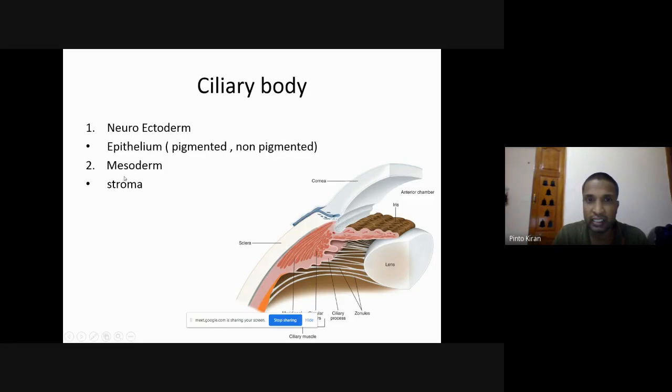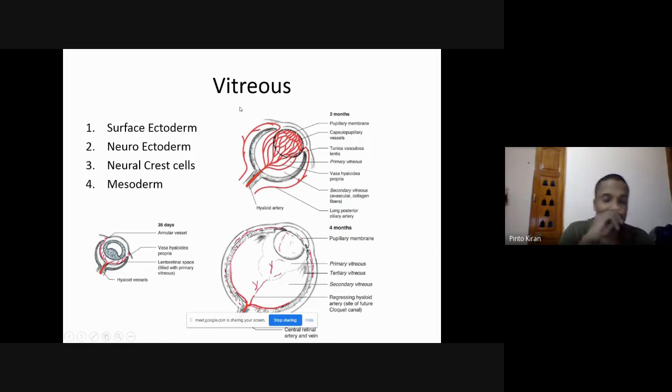Then you have the vitreous. The peculiarity of the vitreous is that it arises from all four structures. This you can remember, hopefully. The vitreous arises from all the germ layers: the surface ectoderm, neuroectoderm, neural crest cells, and mesoderm.